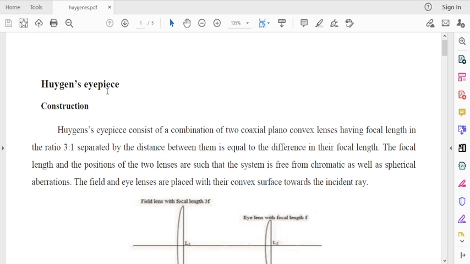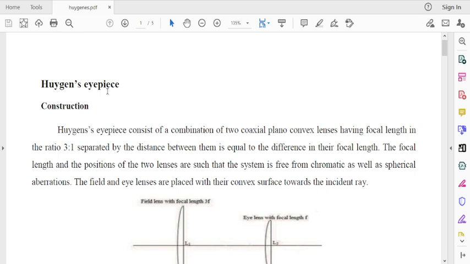See, eyepiece is very important for spectroscopy, or in optics we can say. Whenever we are doing any experiment, we are going to observe anything, at that time we are using instruments like a telescope. Then, if we are interested to observe the spectrum, at that time we have to use the spectrometer.